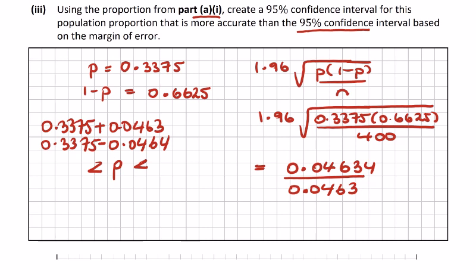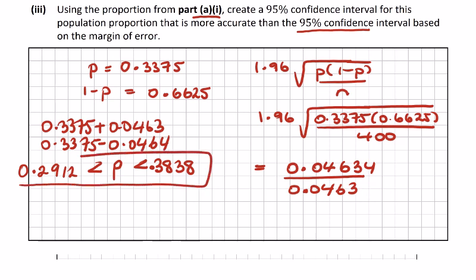I'm getting 0.3838, and on the other side, I'm getting 0.2912. So this is my proportion that's more accurate than the previous one.